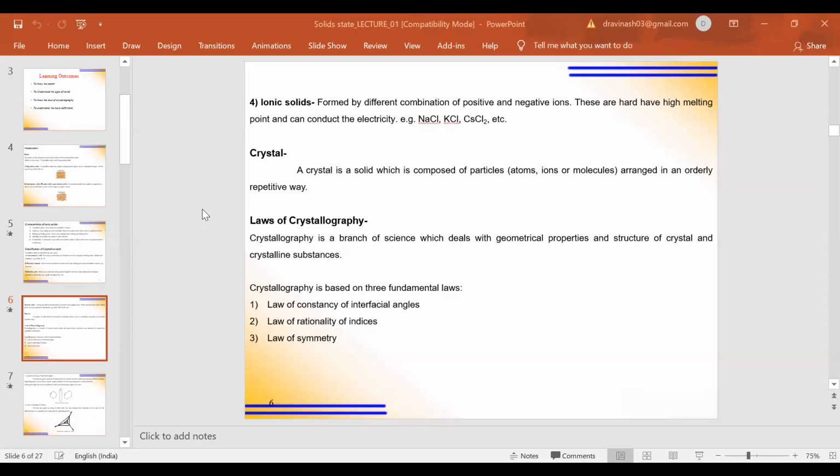And third, these points are joined to each other with some bonds, and this is called faces of crystals. And the angle made between these two faces is called the interfacial angle, right?